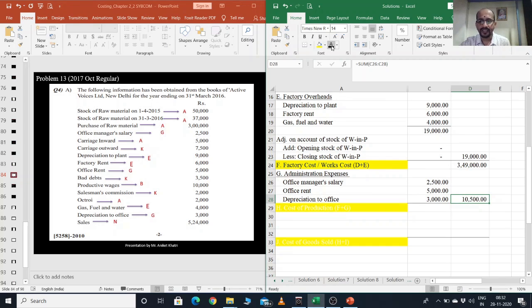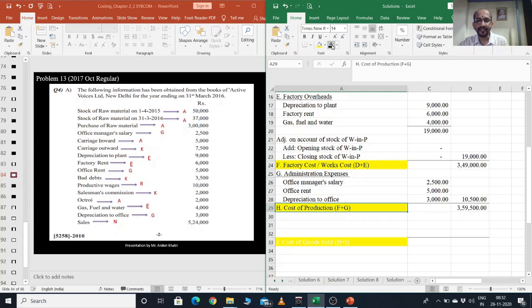That is 10,500. Add this 10,500 to the 3,49,000, which is our factory cost or works cost. We'll get the total, that is 3,59,500. Okay, so this is our cost of production.